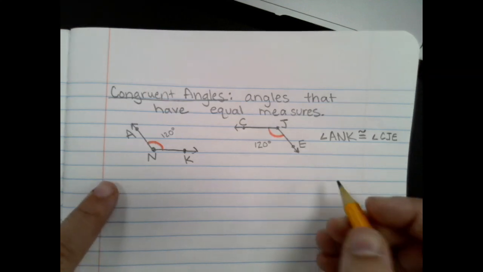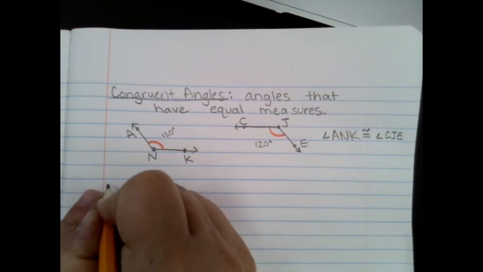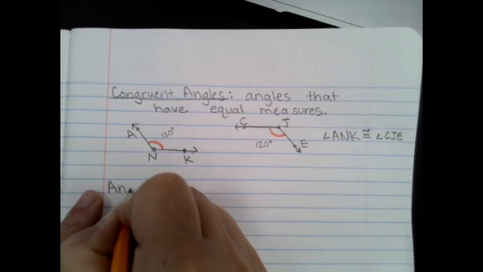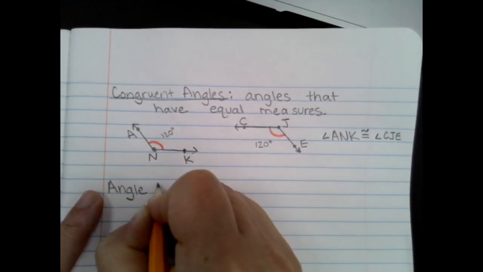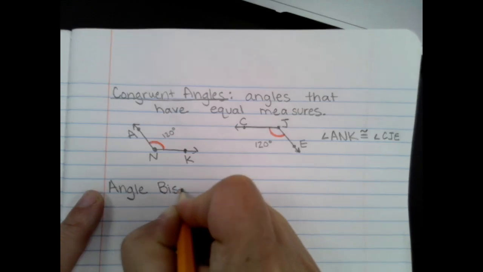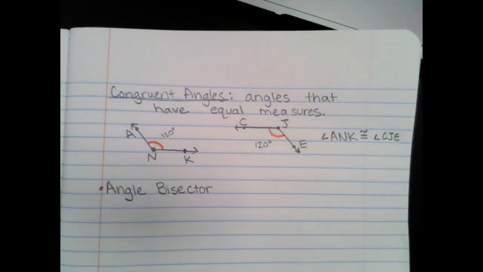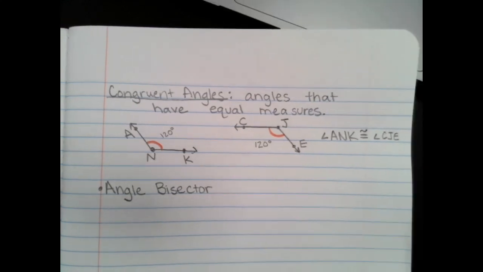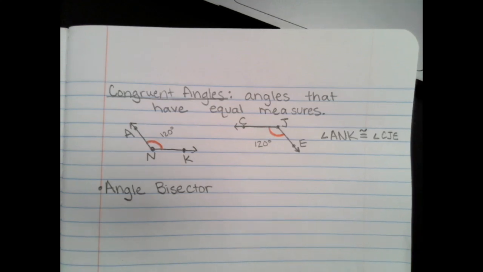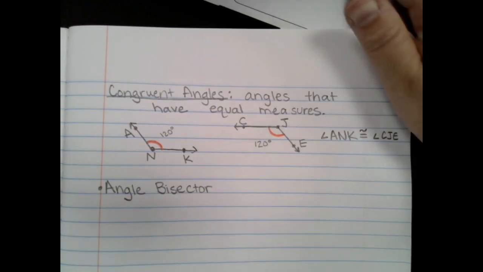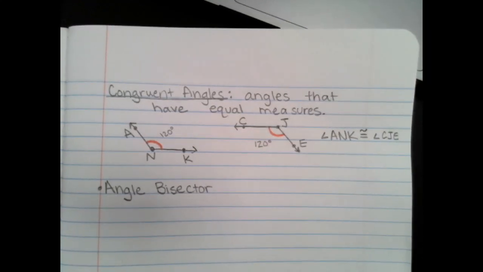All right, next up we got an angle bisector. Angle bisector. We talked about segment bisectors.